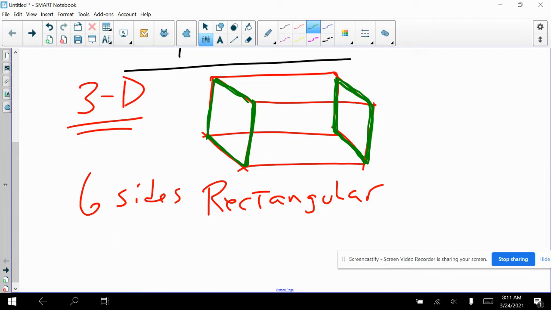Okay, pretty good so far. Yeah? All right, let's talk about what goes inside of it. I don't want to give it away, but what do we call the space inside? Nope. Okay, Han? That would be called volume.